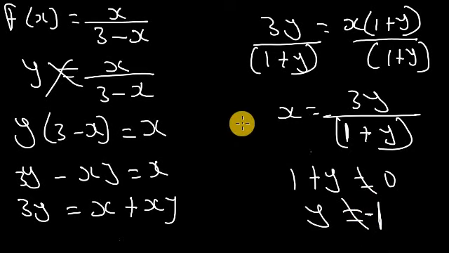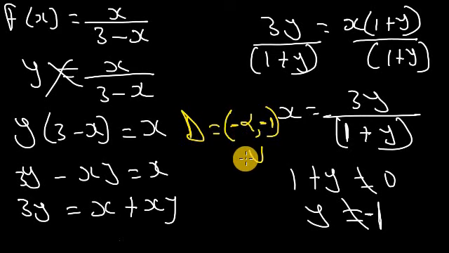So the domain in this case, which will be the range of the first function, will be the set from negative infinity all the way to negative 1, without including negative 1, then union negative 1 all the way to positive infinity. So this will be the domain, and which will also be the range of this function.